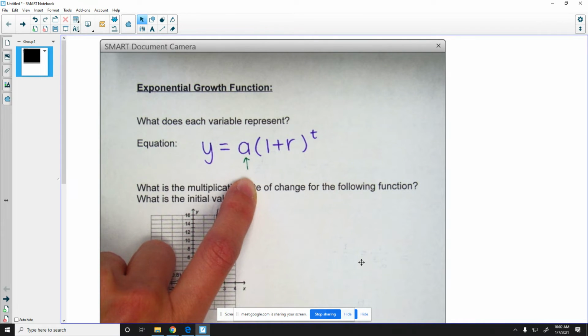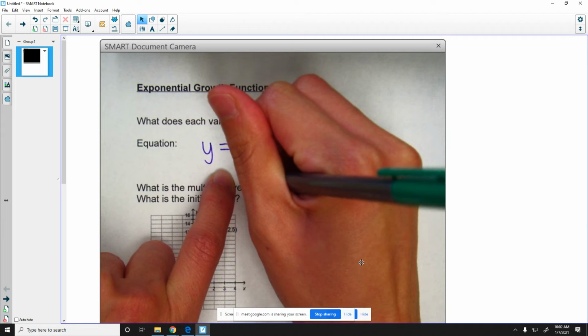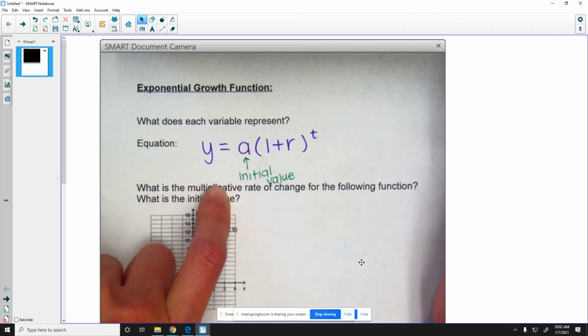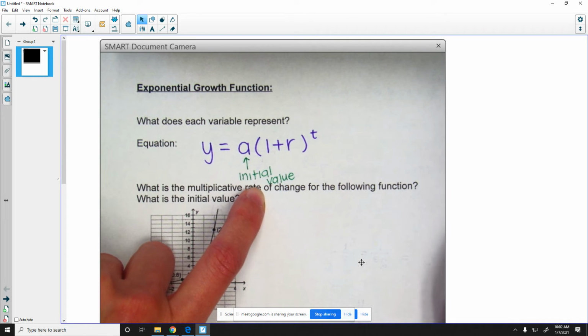Yes, Reed? The initial value. The initial value means how much you start off with. What is your starting amount? It could be your y-intercept. That's the same thing. But normally people just call it the initial value.